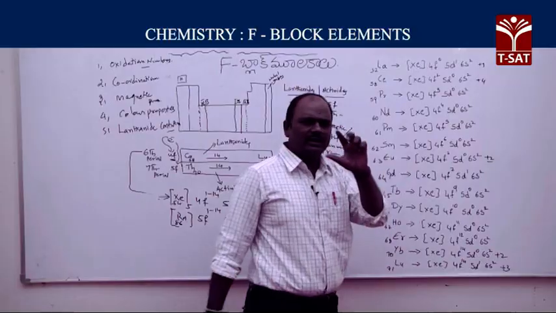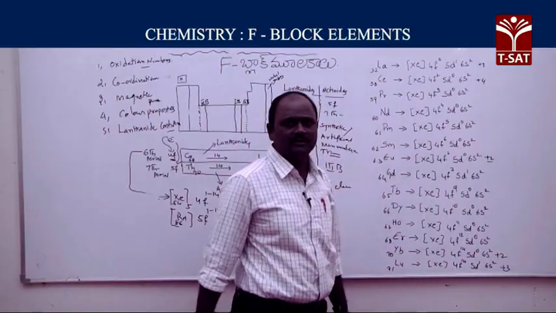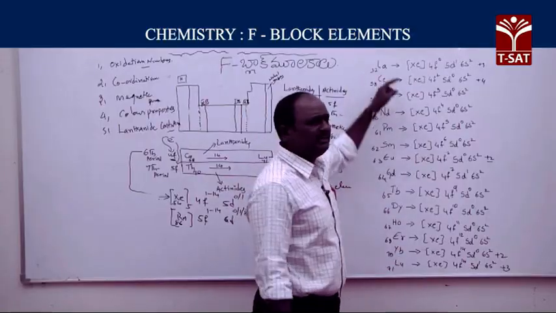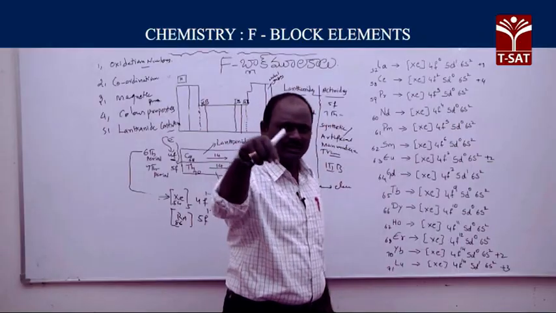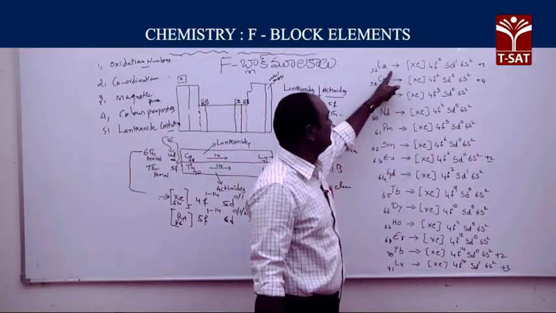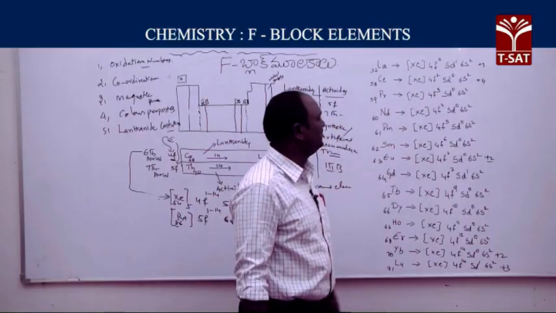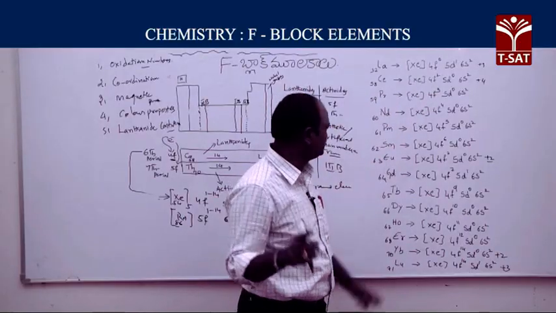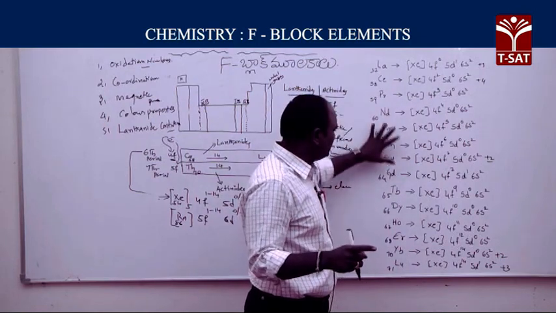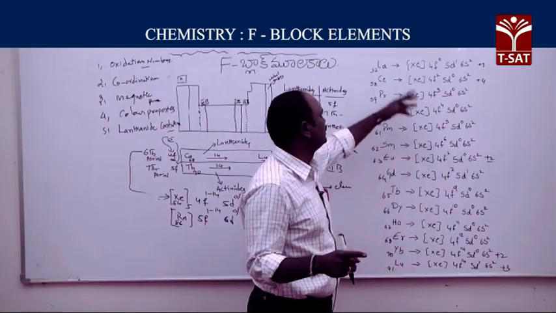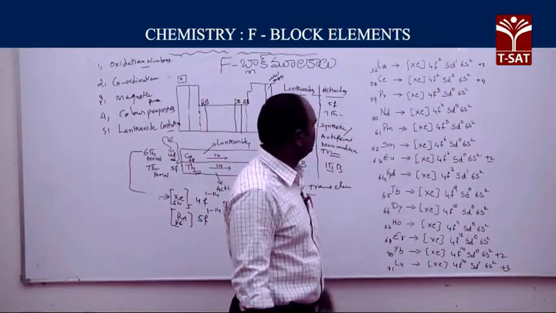You may ask me one question regarding lanthanum. Actually, lanthanum is not present in the f block, even though the rest of the elements are called lanthanides, because all these elements are present after the lanthanum. These elements' properties almost resemble lanthanum. Therefore, these are called lanthanides.